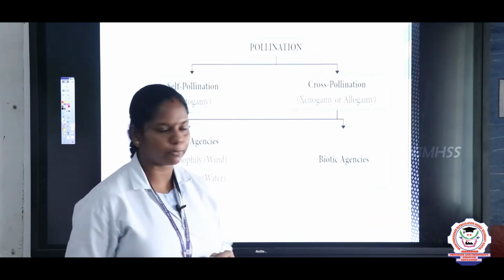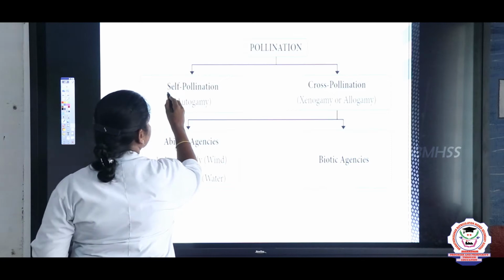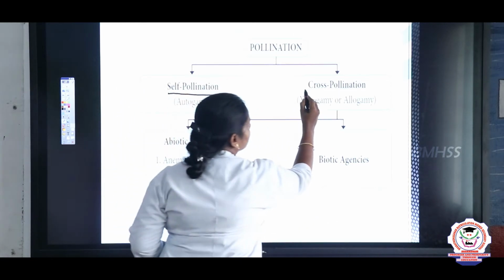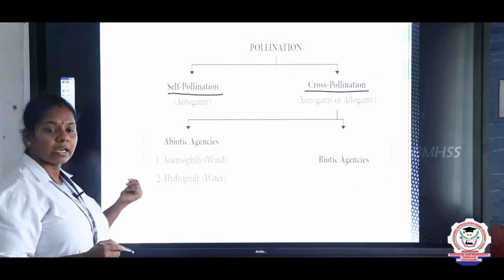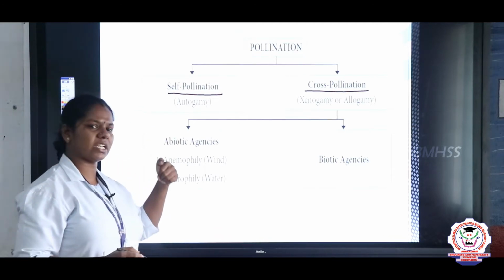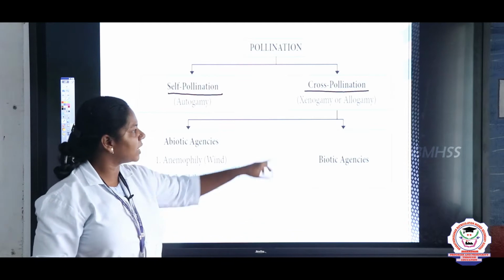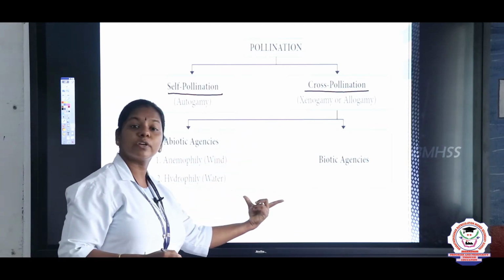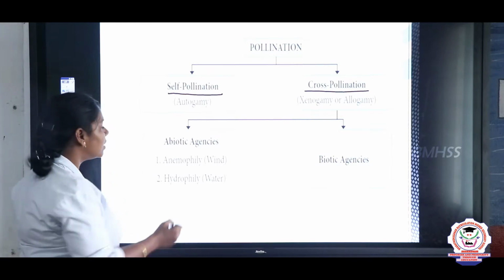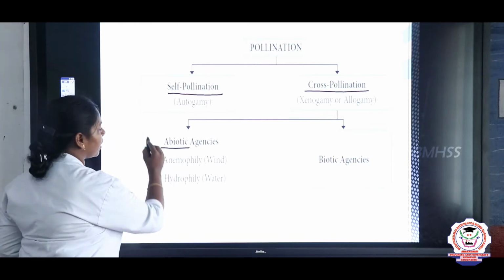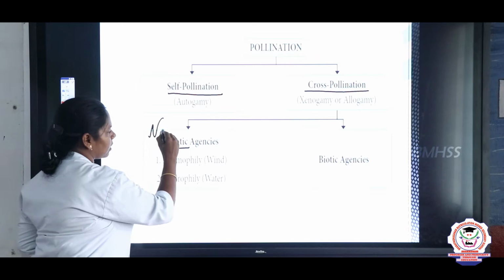Children, there are two types of pollination, one is self pollination and the other one is cross pollination, right? We have discussed this already. Self pollination does not require any agents, but cross pollination requires two kinds of agents. One is abiotic and another one is biotic. What do you mean by abiotic, children? Abiotic means non-living.